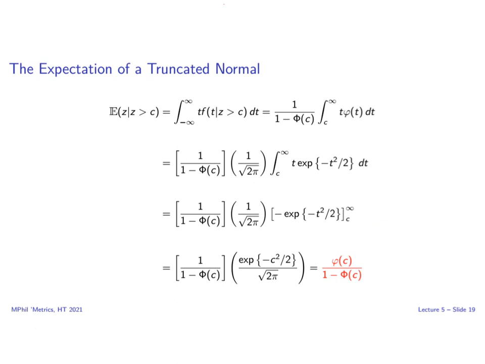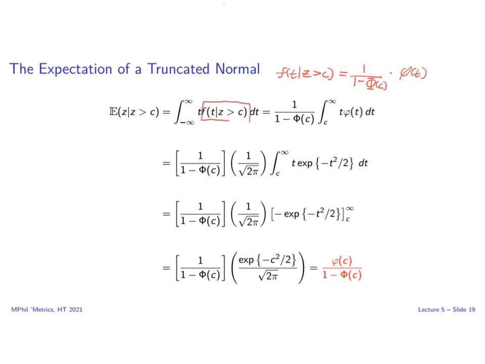Now that we have the density of this truncated normal random variable, we can calculate its expectation. For a continuous random variable, we know that the expectation is equal to the integral from minus infinity to infinity of t times the density of that random variable evaluated at t, dt.